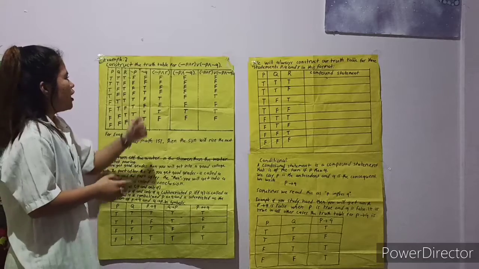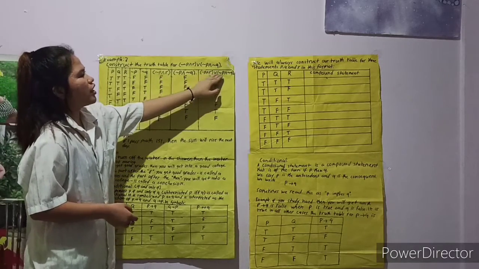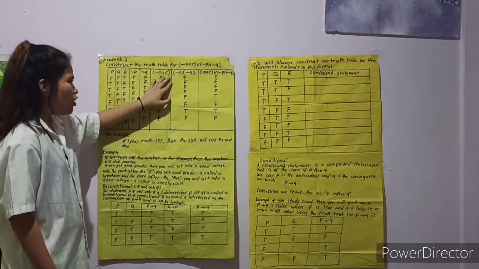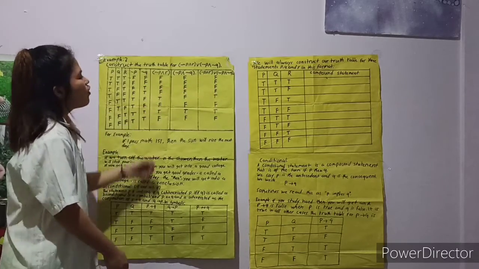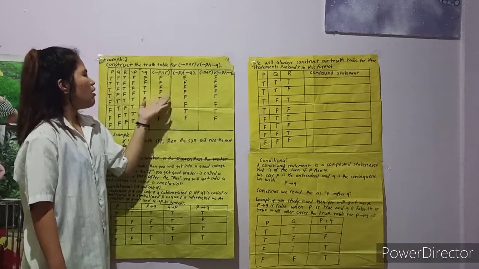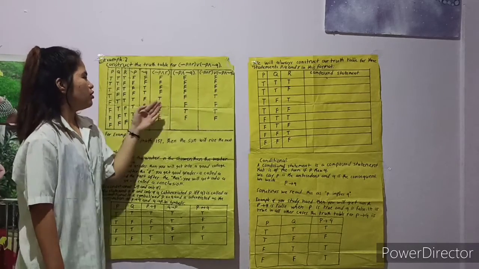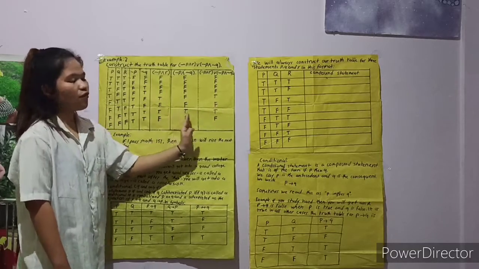And lastly, the negation of P and R, or negation of P and Q, negation of Q. False and false become false. False and false become false. False and false become false. False and false become false. True and false true. False and false, false. True and true, true. False and false, false.